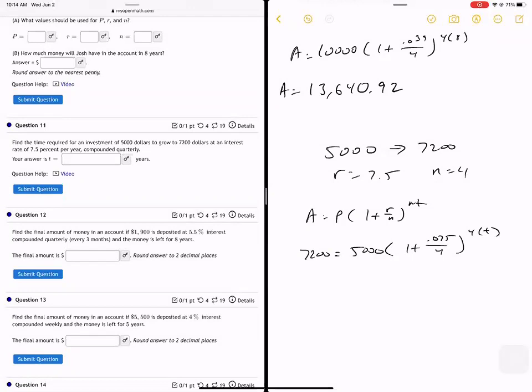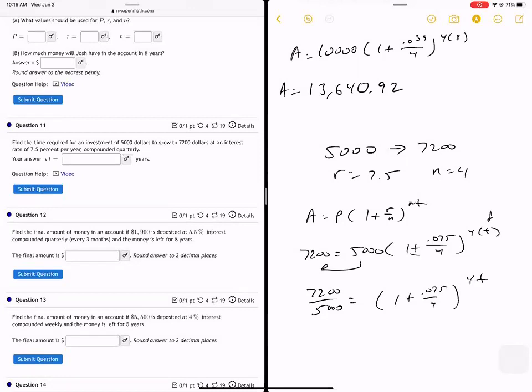Now, in Algebra 2 we've been going through pretty much harder versions of Algebra 1. How do I solve this problem? I'm solving for t. Let's get rid of everything that we can. Let's get rid of the 5,000 first. That's going to be 7,200 over 5,000 is equal to, we can write a big decimal for that, but I'm not. I'm going to write (1 + 0.075/4)^(4t).